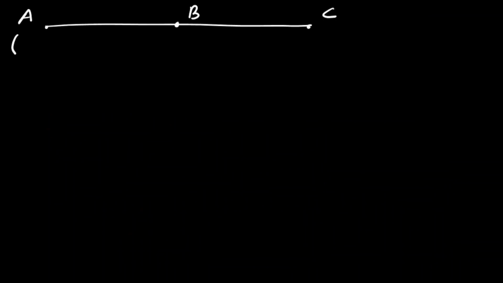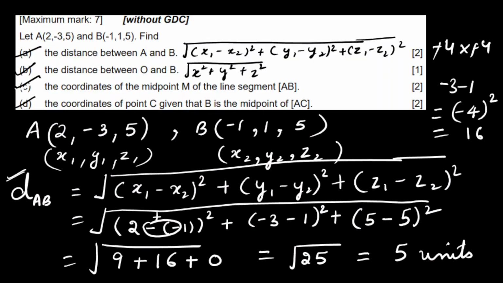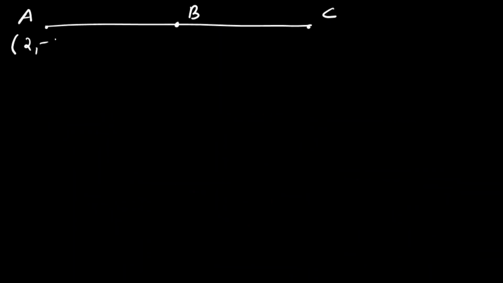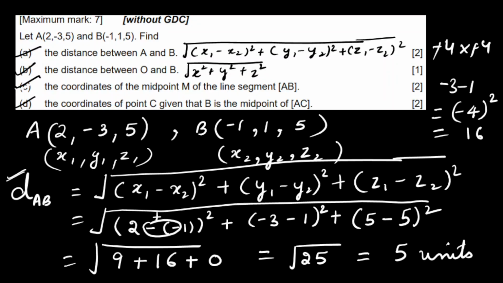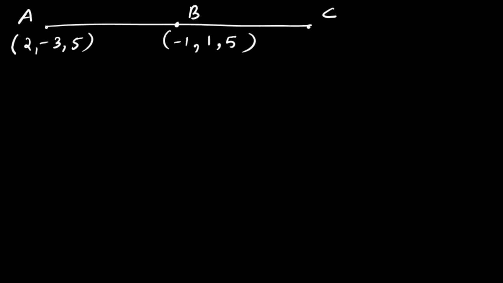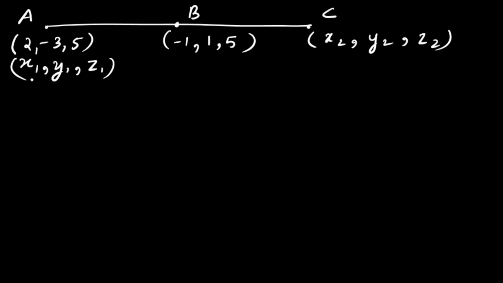A and B's coordinates are already given to us. Coordinates of A are 2, negative 3, 5, and B's coordinates are negative 1, 1, 5. So C's coordinates we can write as x2, y2, z2. A's coordinates we can write as x1, y1, z1.